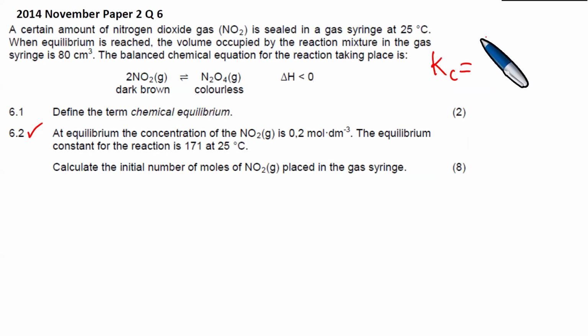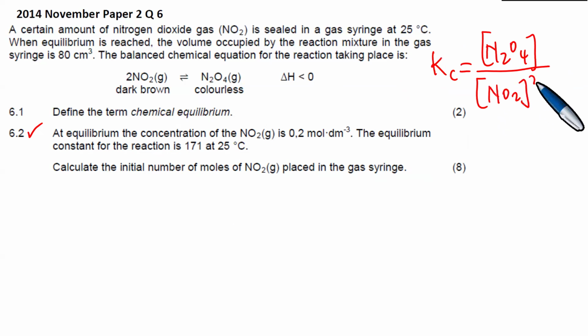The Kc expression is the concentration of the products, which is N2O4, divided by the concentration of the reactants, which is NO2, squared. And what else have we been told? At equilibrium, we have the concentration of NO2, and that is what we put in the Kc.